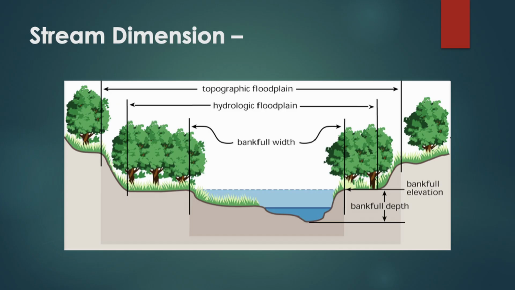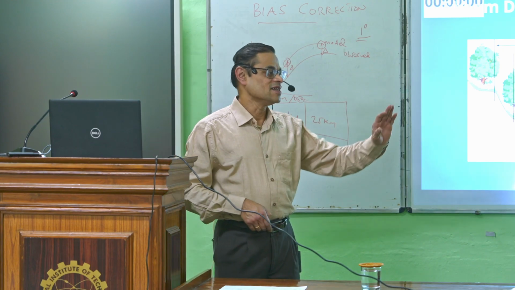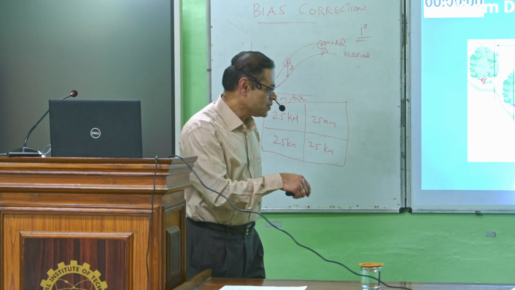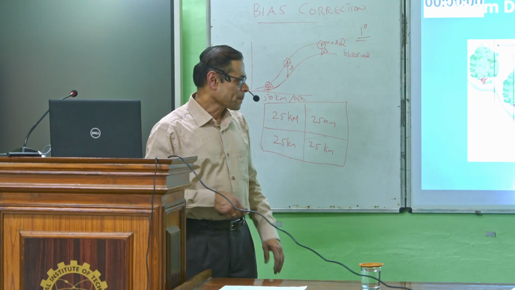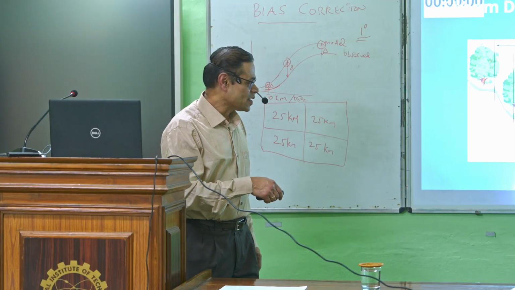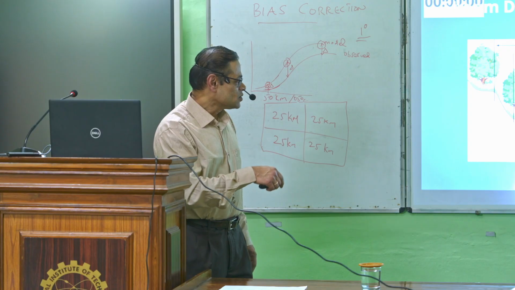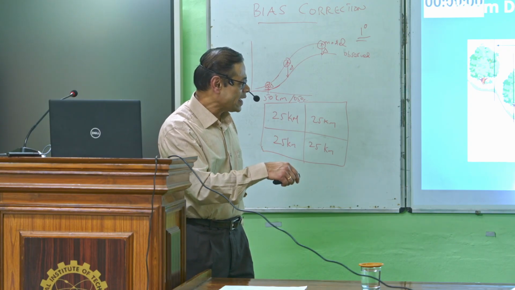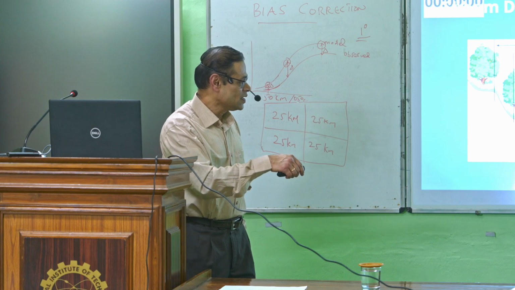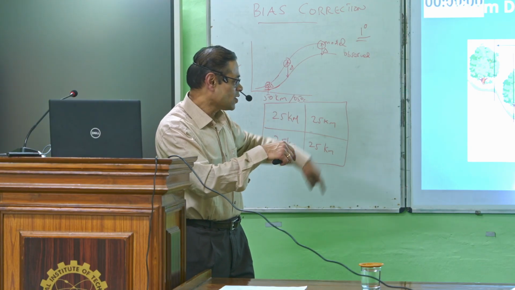So again, the river is confined and tamed or maintained within this channel if everything goes normal. But normally that does not happen, right? So when there is more flow, it goes all the way up to the bank. They call this bank full width or bank full flow. And then the hydrologic floodplain is all the way, before we enter into the natural landscape, the floodplains here. In another graphic I also showed this.